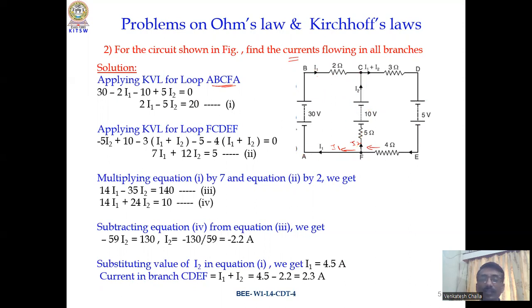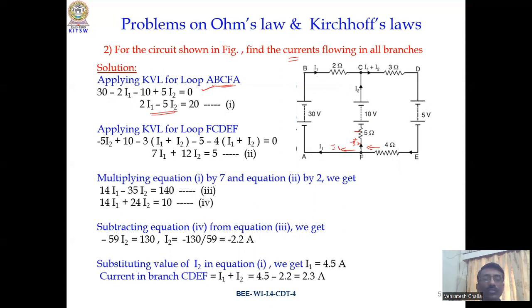Here current is flowing upwards, so this will be plus and this will be minus. So minus 10 plus 5 into I2 equal to 0. See this equation: 30 minus 2 into I1 minus 10 plus 5 into I2 equal to 0.